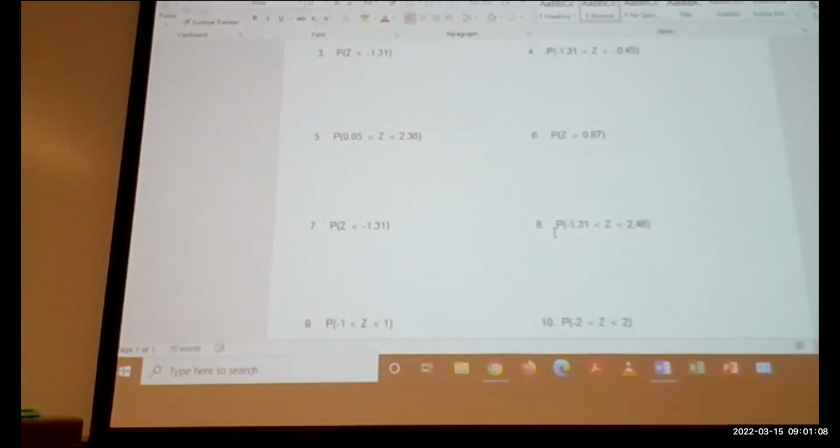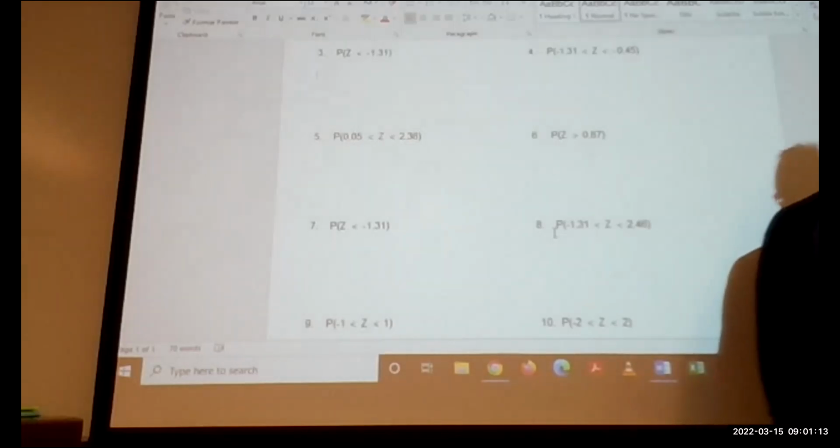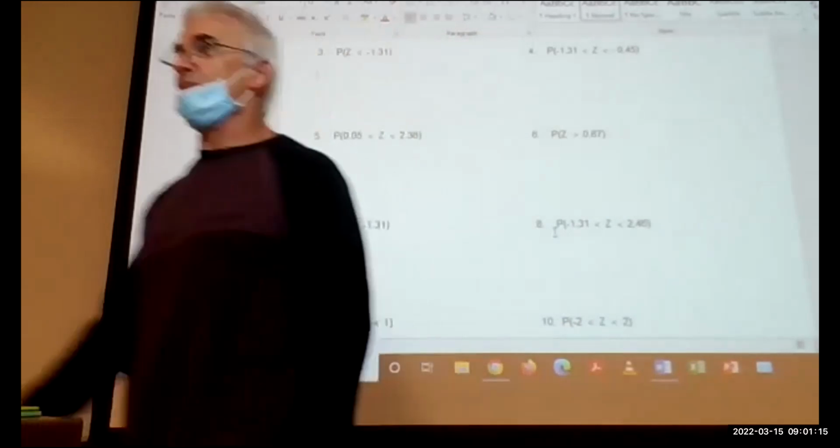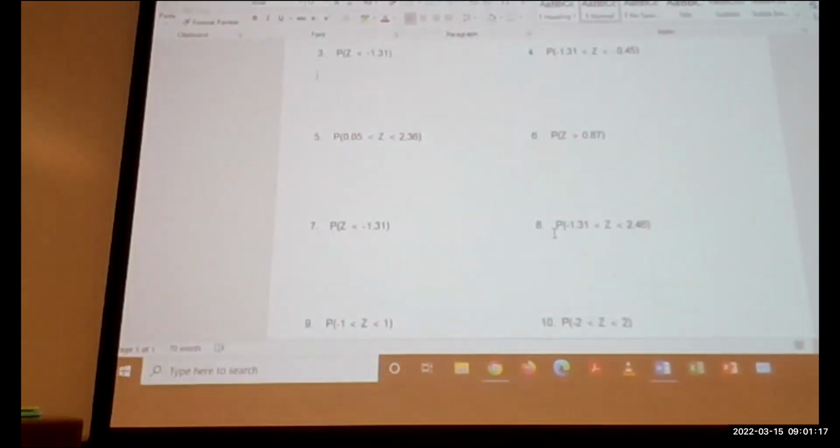Okay, now let me ask you guys a question. What is the probability in a normally distributed set of values that you are within 3 standard deviations of the mean? That means you're between -3 and 3. Let's do that calculation.